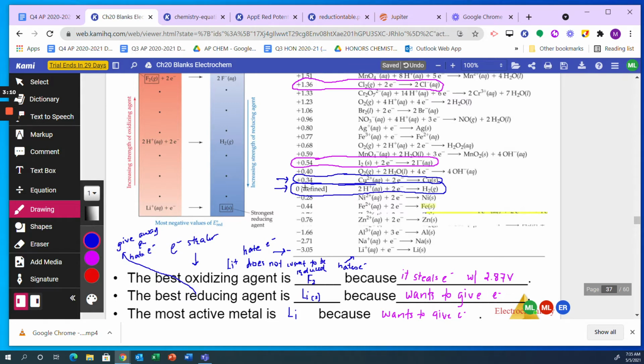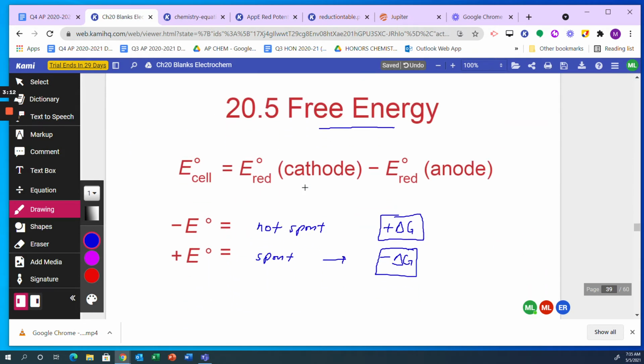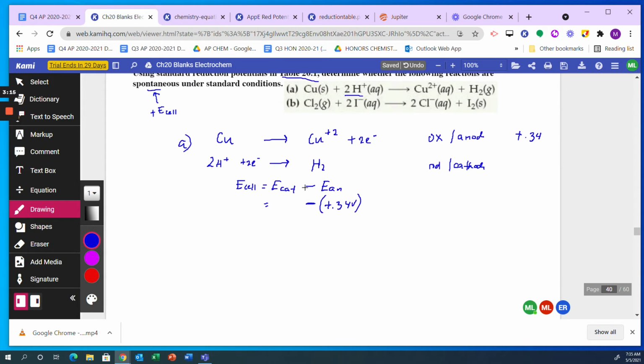It is the standard cell. So the cell potential here is positive 0.34 volts. Because it's positive, that means it is spontaneous. Okay, please pause the video and do letter B on your own. I made a mistake. It's not positive.